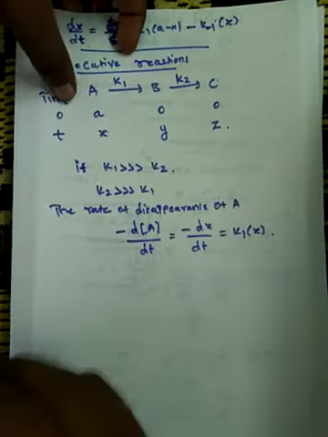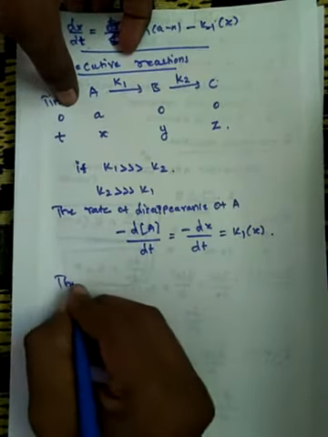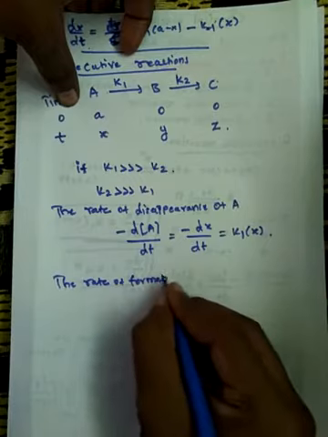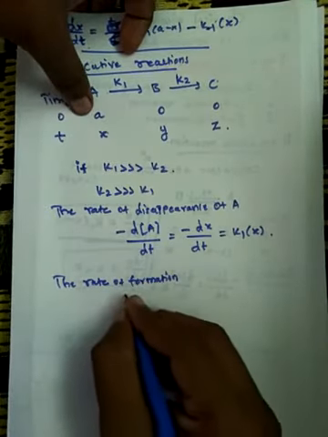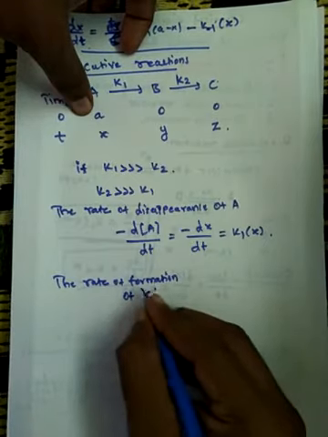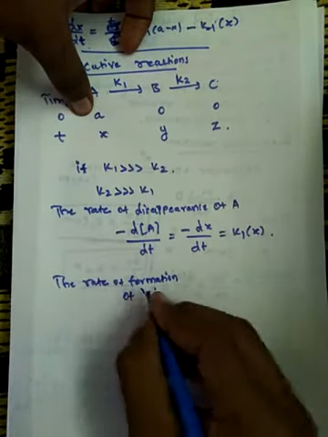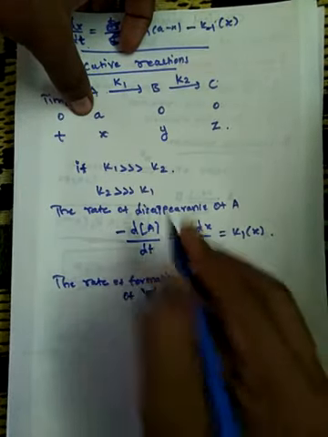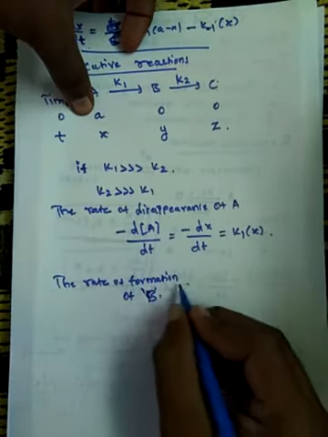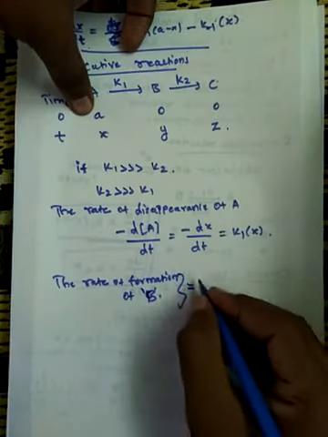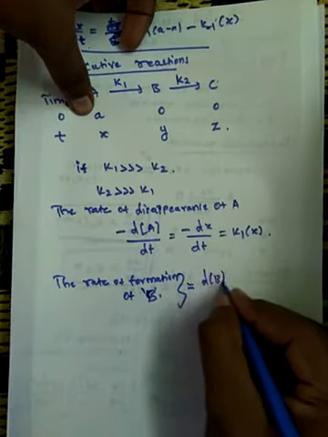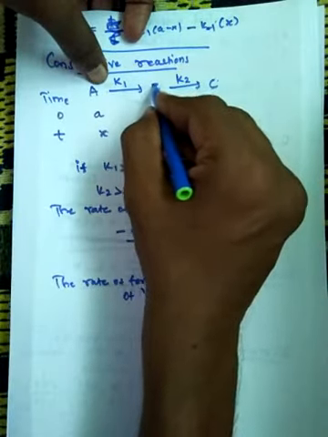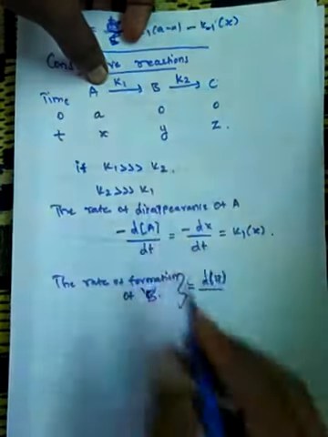And the rate of formation of B. The concentration of B increases when the concentration of A decreases.